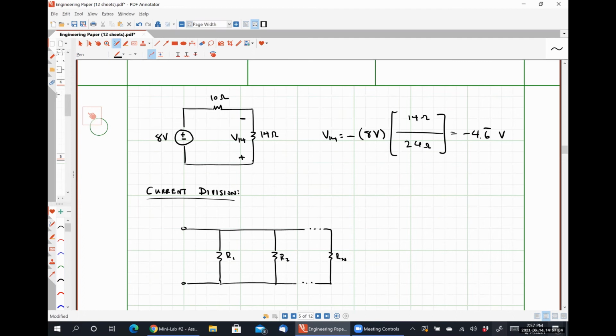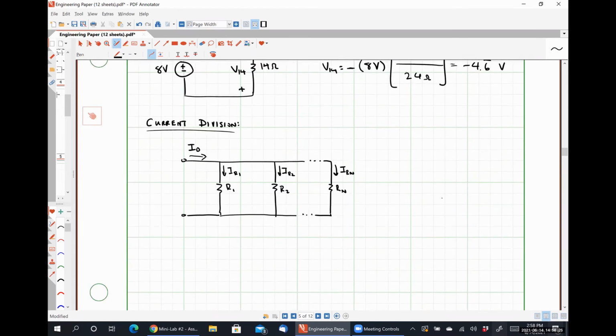And let's say that we have some known current, I naught, flowing into this parallel combination of resistors. Again, it's not particularly important that we have a current source explicitly there. We just know how much current is flowing in. I'm going to define this current as IR1, this current as IR2, and this current direction down as IRN.